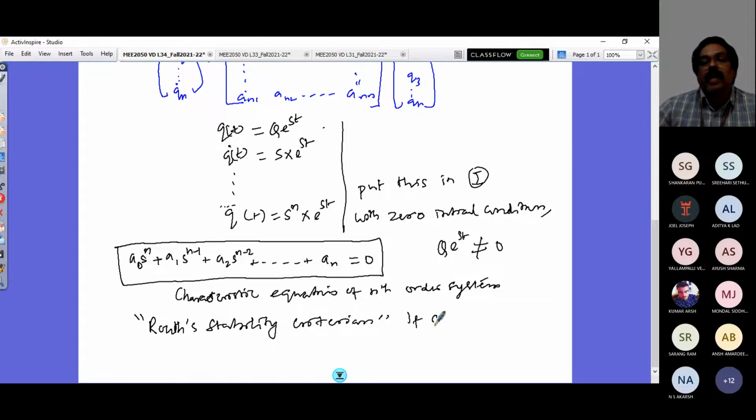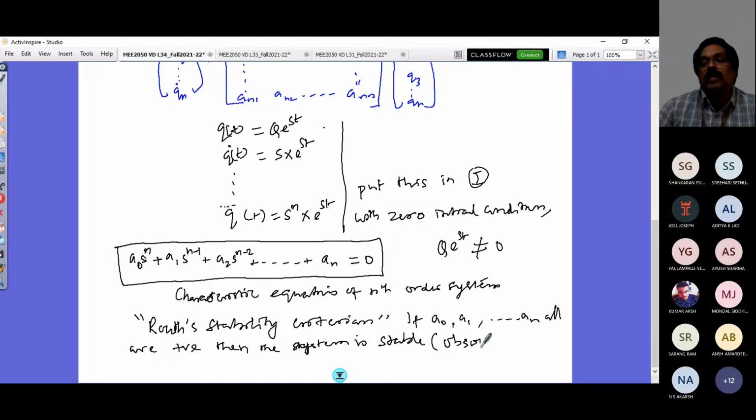If a0, a1 and so on, an, all are positive, then the system is stable. That's called absolute stability of the system.